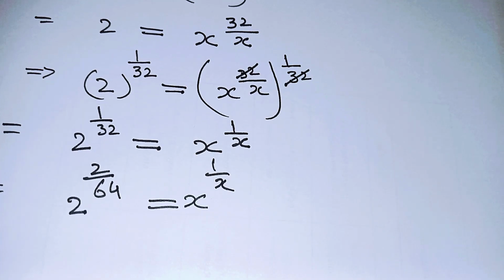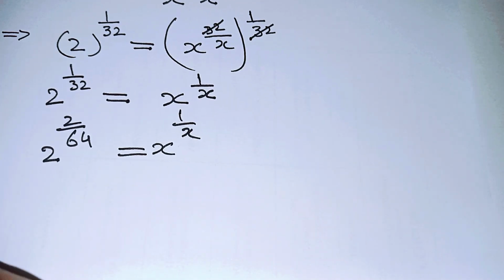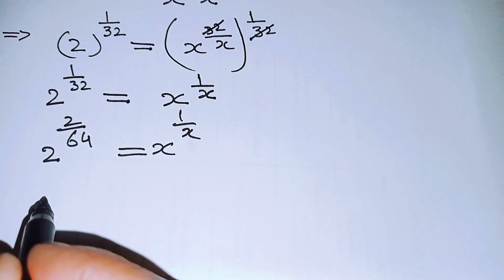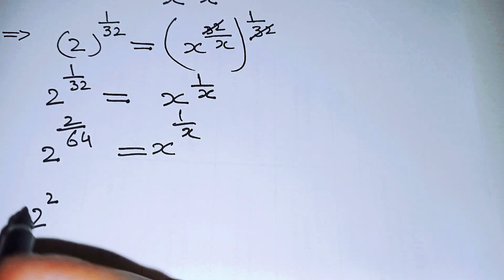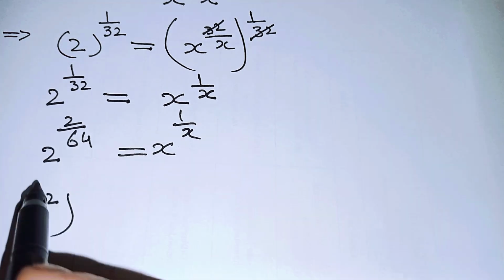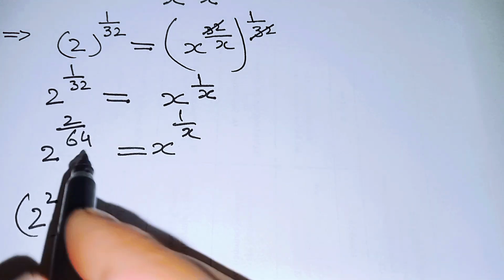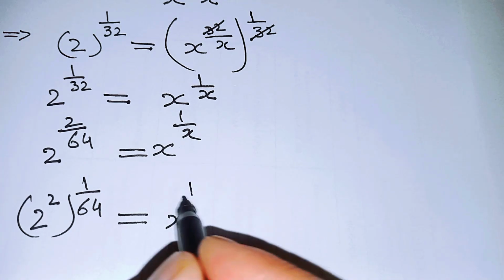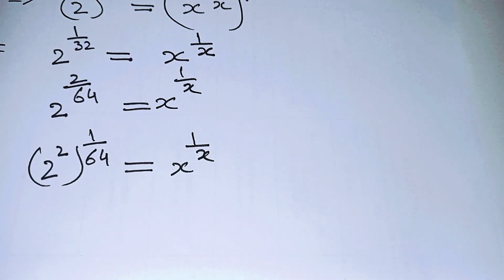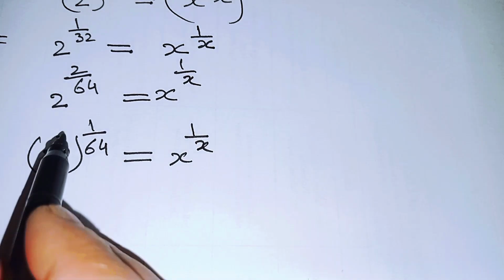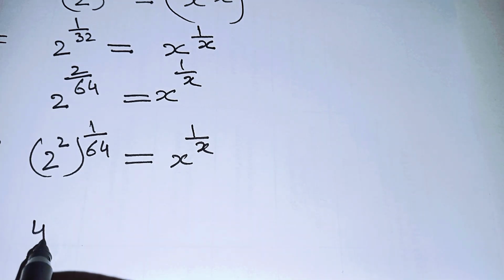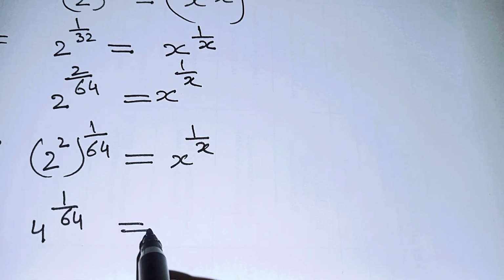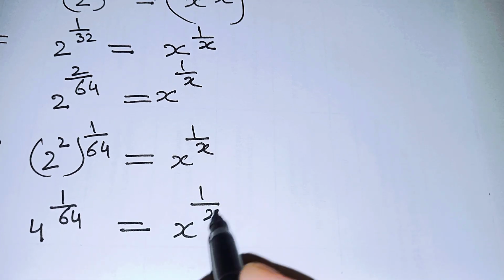In the next step, this 2 can be written as 2 cubed, and 2 ones are 2, so here 1 over 64 is equal to x to the power of 1 over x. So 2 cubed, 2 multiplied 2 times is equal to 4, and 4 to the power of 1 over 64 is equal to x to the power of 1 over x.